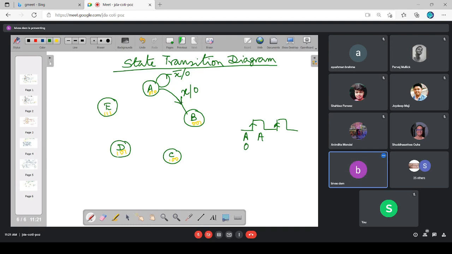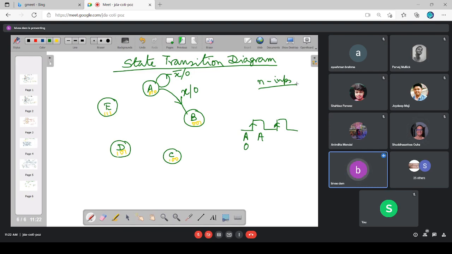If there are n number of inputs, in that case, from every state, there will be 2 to the power n branches possible. If you have n input variables, how many possible input combinations are there? 2 to the power n.